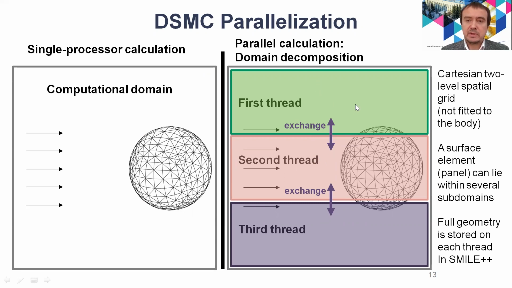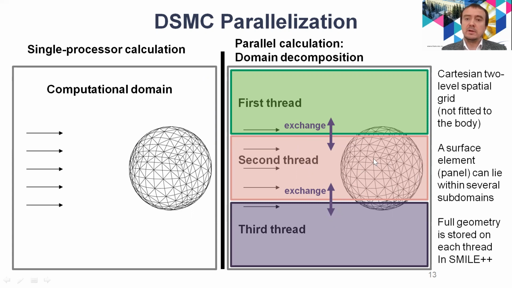subdomain. In fact, it looks quite nice here, but the real picture can be something like a patchwork quilt, because sometimes we use random distribution of computational cells between threads for the sake of load balancing. So this is only a schematic to show you the main idea.